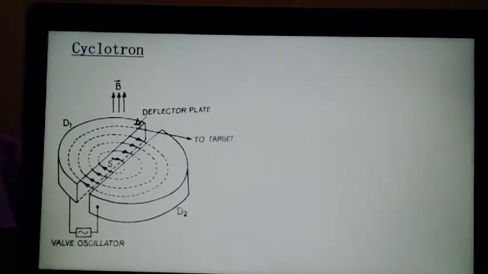Why are they called Ds? Because they are in the shape of the capital letter D. That is why they are called Ds. And you can find a small gap between these two Ds.